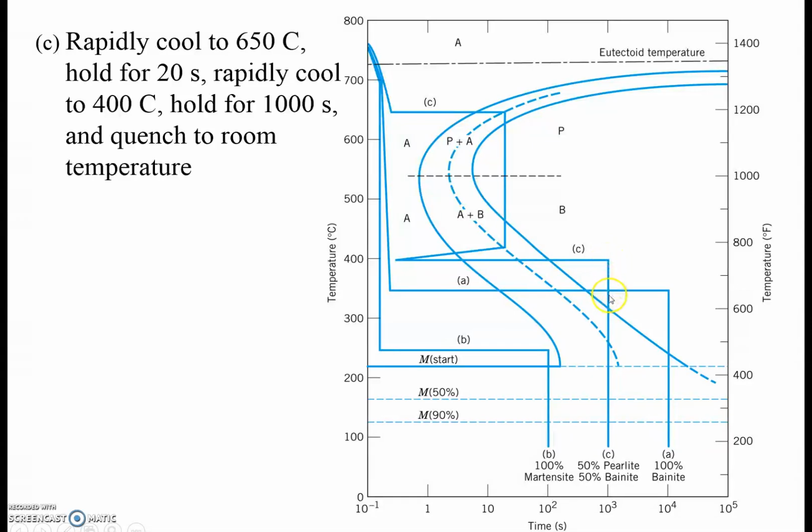Now I rapidly quench. I come down below the martensitic transformation regime. But guess what? The only phase that transforms to martensite is austenite. So the perlite and bainite cannot transform to martensite. So I end up with 50% perlite, 50% bainite.